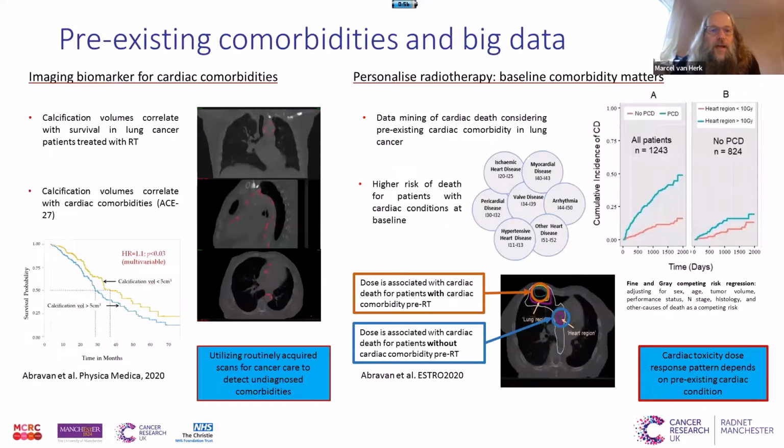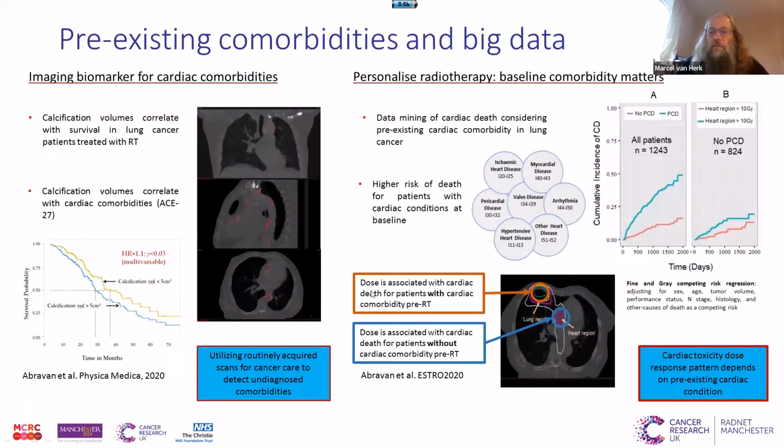Now then, we also have biomarkers of other comorbidities, and Azadeh Abravan is working on cardiac outcomes, and she has been using automatically segmented calcifications in 4D CT data, the little red contours, to determine the load of calcifications in a patient. We showed that patients with a lot of calcifications have poorer survival than patients with less calcifications.